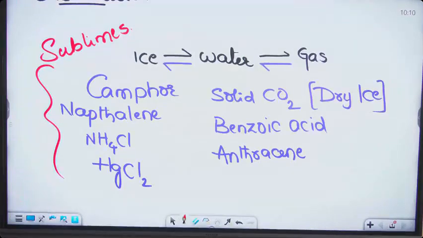Example: camphor, naphthalene. Non-science students, write the complete name. Ammonium chloride. Those who are not aware of the formulas, write the complete name: ammonium chloride, mercury chloride.